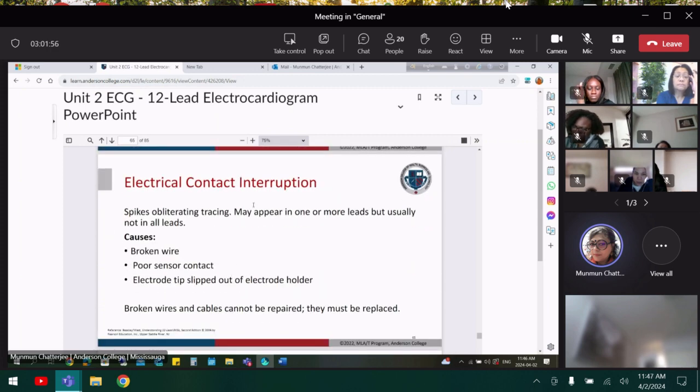The electrical contact interpretation. What are the causes? The electrical contact may be the cause. Spikes obliterating the tracing may appear in one or more leads, but usually not all leads. Sometimes here it happens: you have 6 chest electrodes and 4 limb electrodes, right?